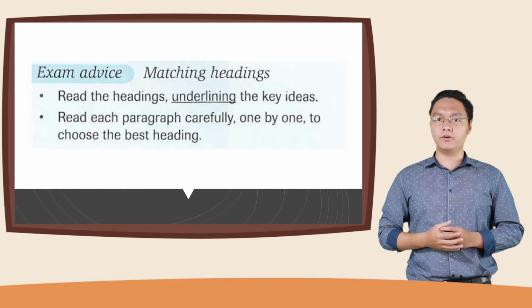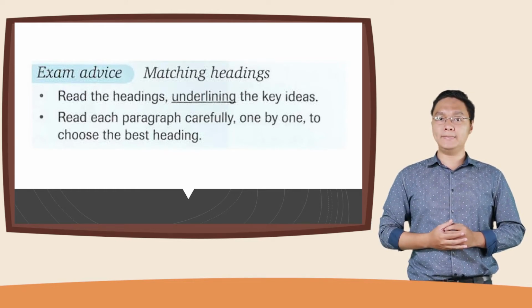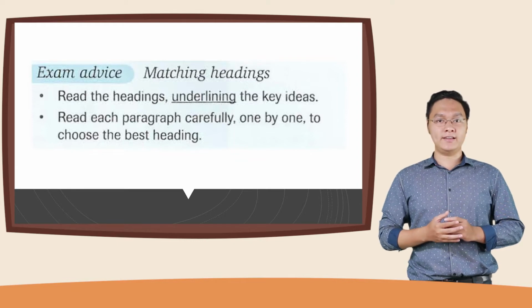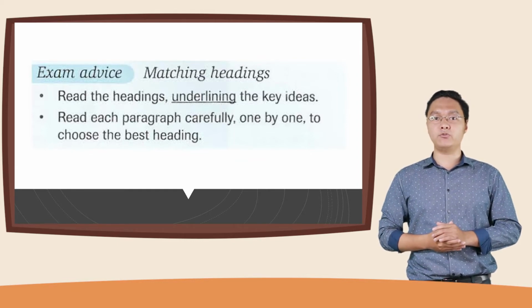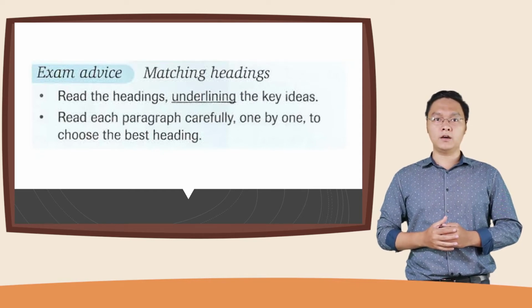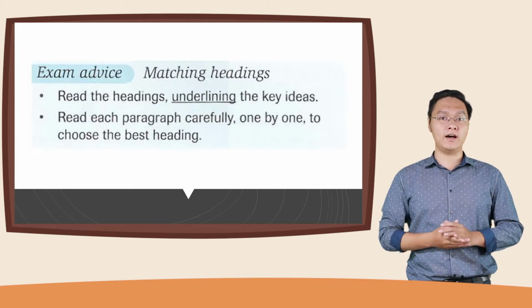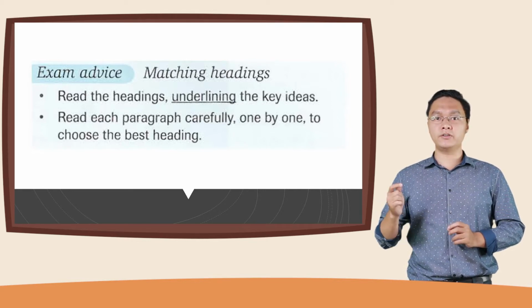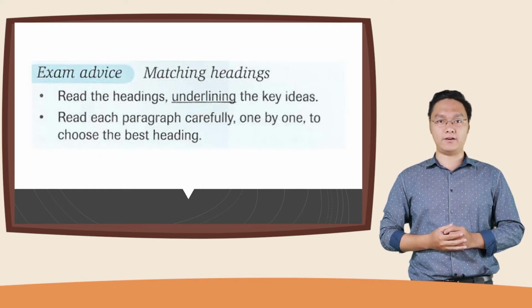So it is very important that you understand the keywords and what each keyword means. Alright? And then, secondly, you go straight into the passage and read from one paragraph to another. You should look for the topic sentence and the general ideas. Then you can go back to the headings and see which one matched the paragraph.